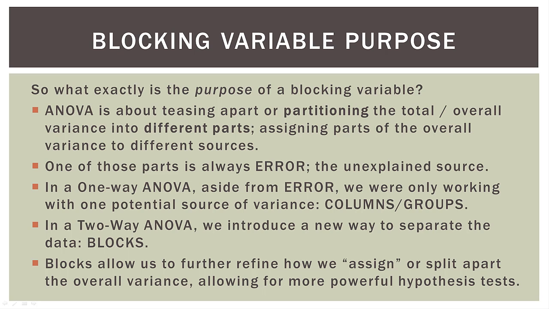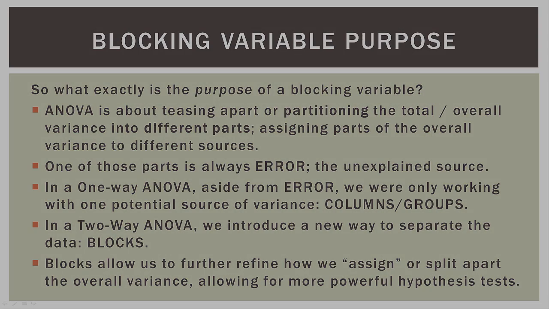So we're always looking to reduce the error term by assigning it either to the columns or to the blocks. So if we're interested in column differences or group differences, if we can assign some of the remaining error to the blocks, then we are able to find differences in the columns much easier. And that is the overall point of the blocking variable.